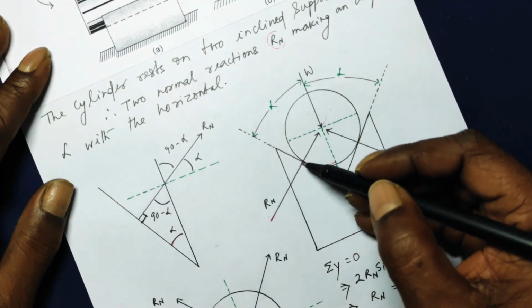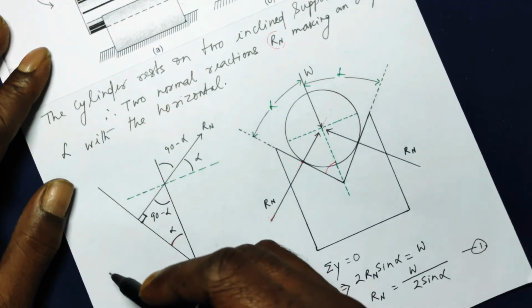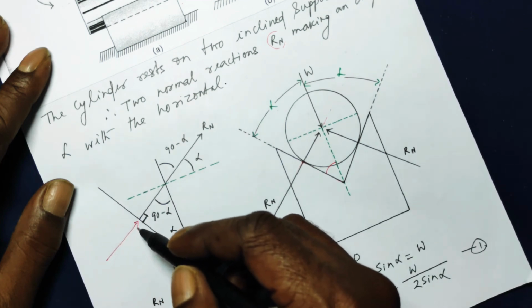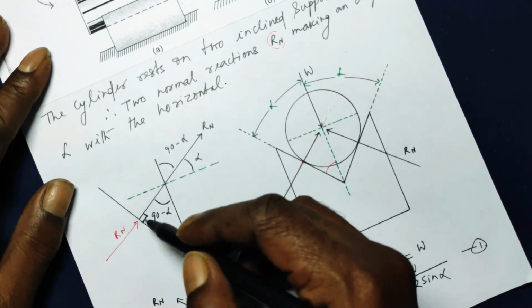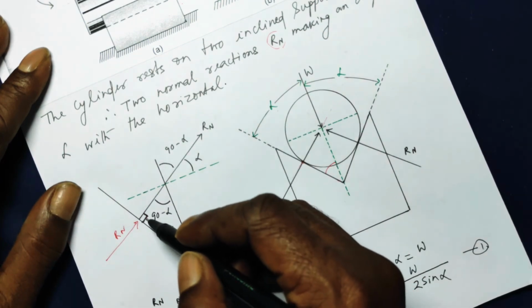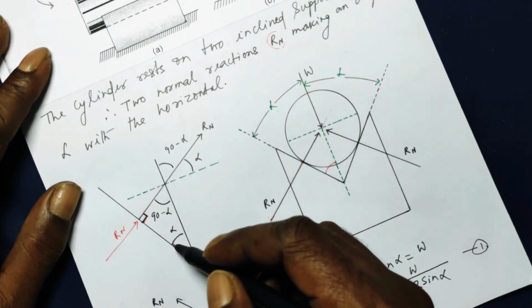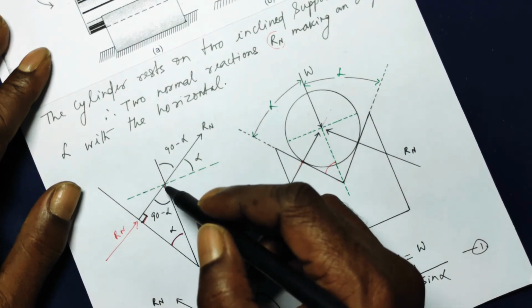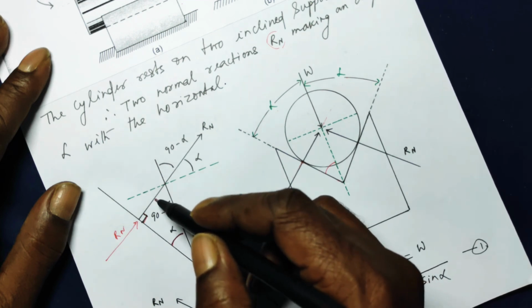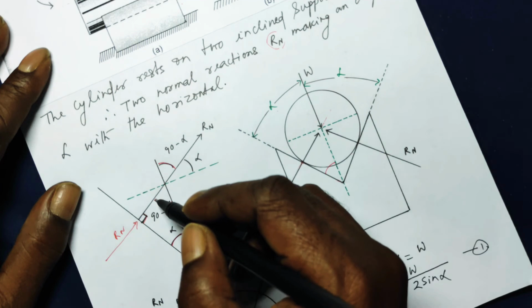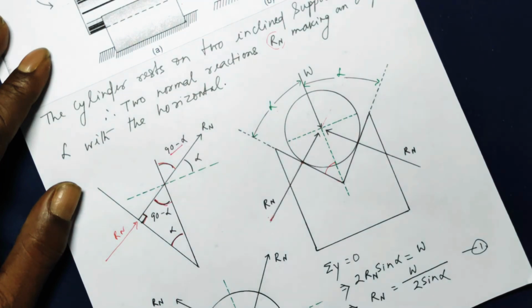And this normal reaction Rn, which is here, I have translated to this side. Normal, so this angle is 90. This is given as alpha. So in this triangle, we are left with 90 minus alpha. This angle is vertically opposite to this, so this will be 90 minus alpha.